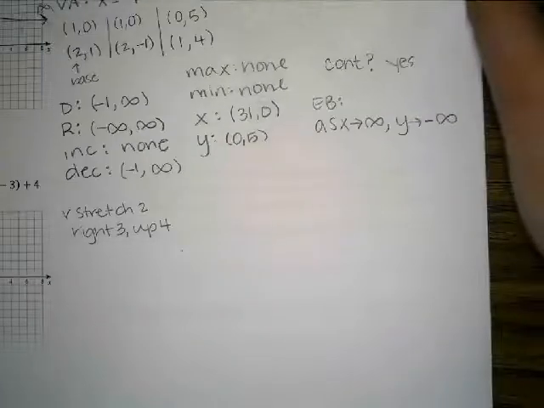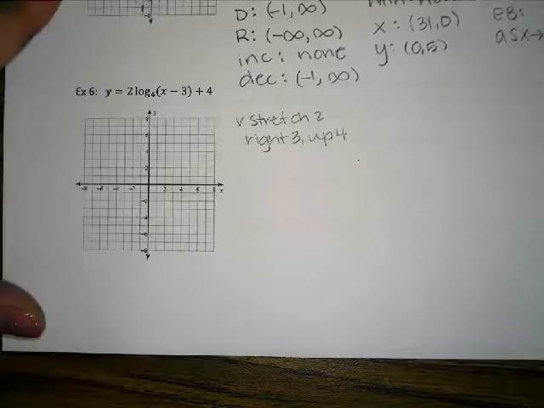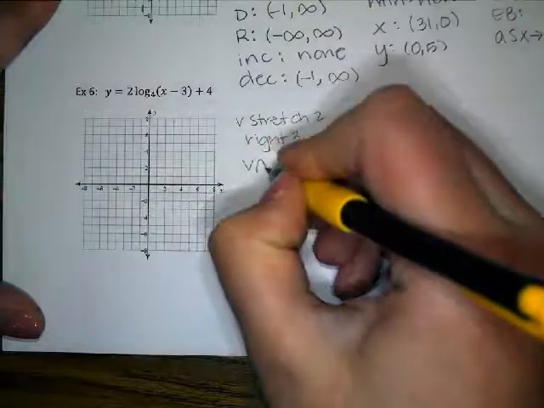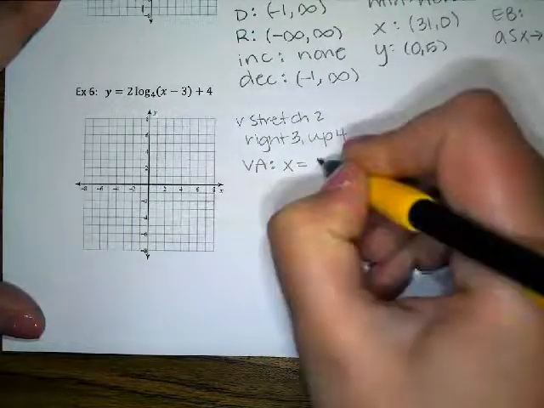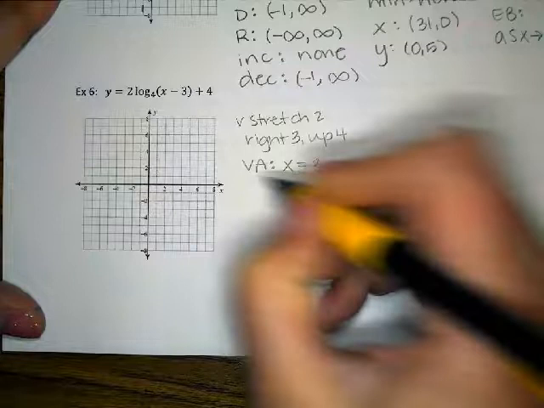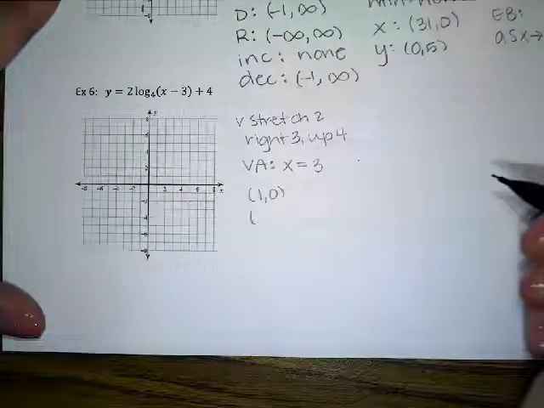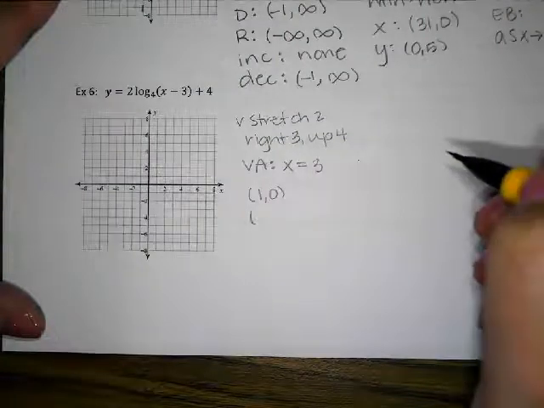Okay. We're doing example 6. We have a vertical asymptote at x equals 3. We have the point 1, 0, and what's the other point? 4, 1, because the base is 4.